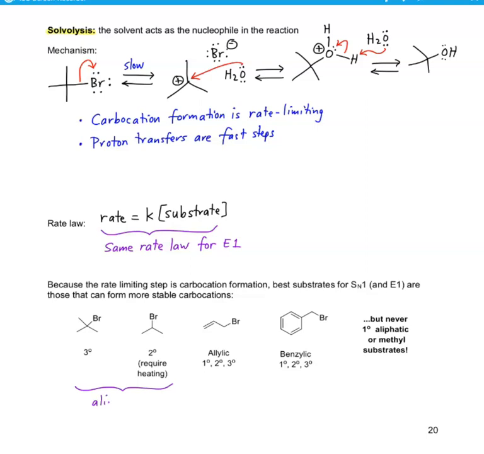So these are both aliphatic, meaning that they're not allylic or benzylic. Okay, so aliphatic is just alkyl group plus leaving group. That would be an aliphatic example. So when these ionize, you form tertiary and secondary carbocations respectively. In the case of a secondary cation, to get that to ionize, you will need to heat this.